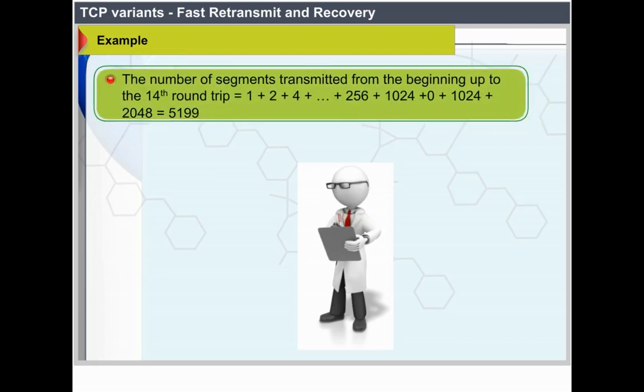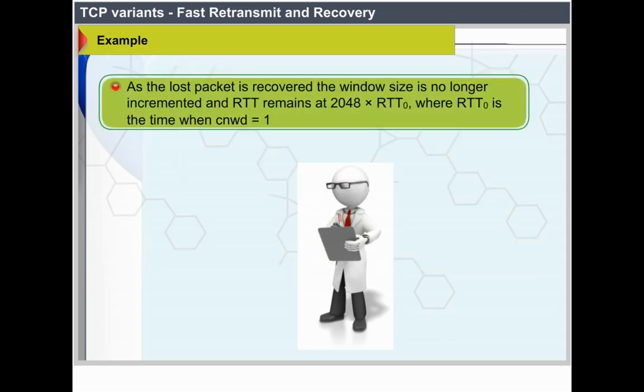The number of segments transmitted from the beginning up to the 14th round trip is equal to 1 plus 2 plus 4 plus up to plus 256 plus 1024 plus 0 plus 1024 plus 2048, which is equal to 5199.